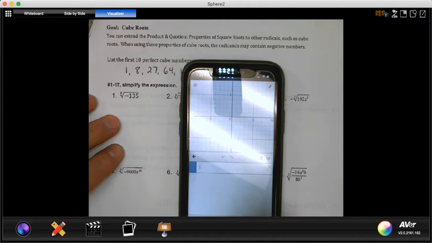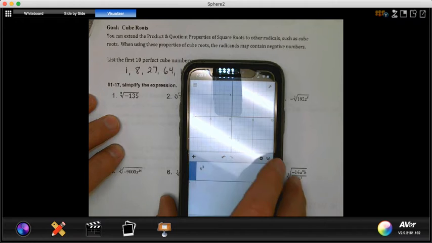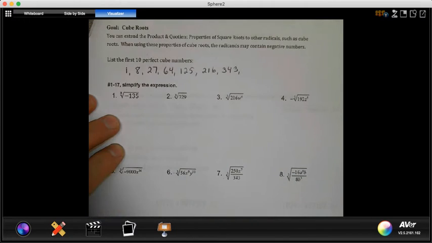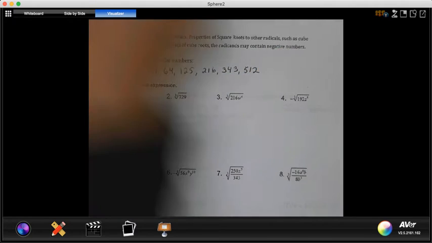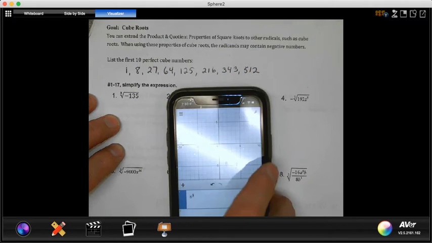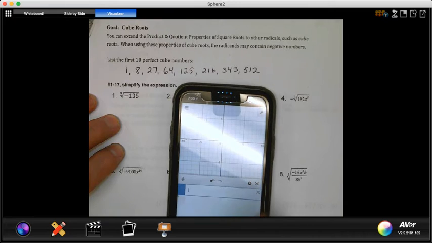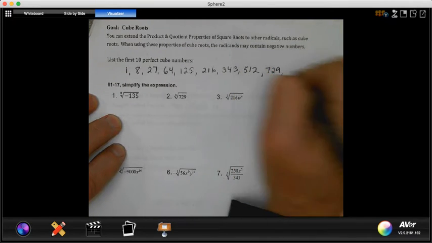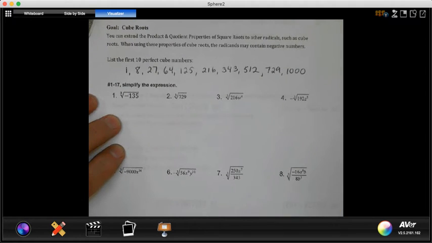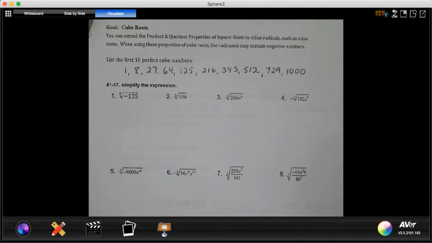So I go into Desmos and go 8 cubed. It's 512. So 512 is 8 cubed. 9 cubed is 729. And 10 cubed is 1,000. So there's the first 10 perfect cubes.